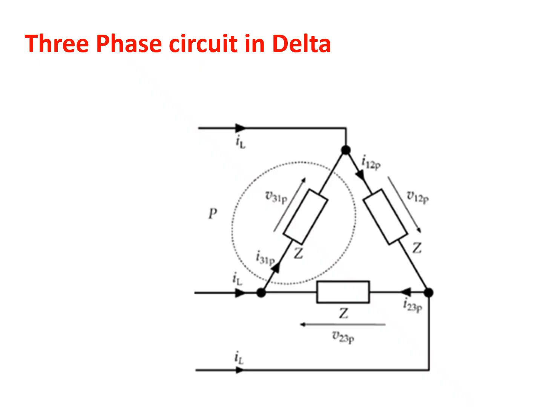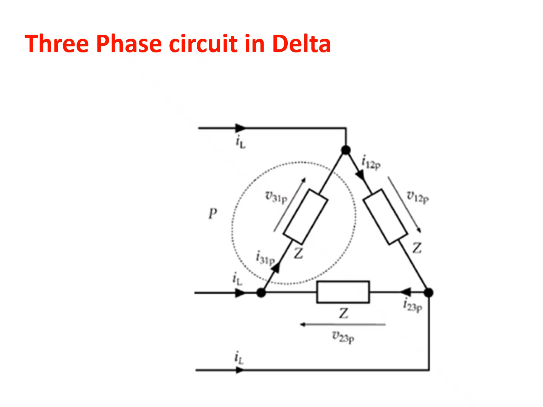Friends, we have already seen the star connected load distribution diagram. This shows a three-phase delta connected load diagram. In this, there are three lines, 1, 2, and 3. And these are the three different loads.